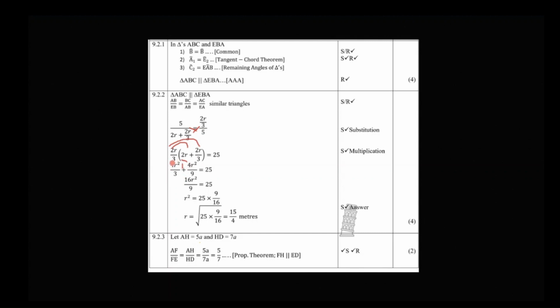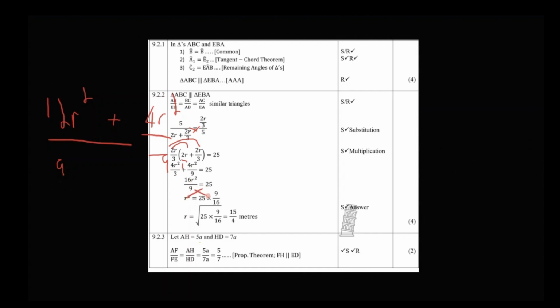The only way we can do that is if we multiply both the numerator and the denominator by 3. 4R squared multiplied by 3 gives us 12R squared, and 3 multiplied by 3 is 9. So then we're going to have 12R squared over 9 plus 4R squared over 9. Now we can add them, and that's going to give us 16R squared over 9.